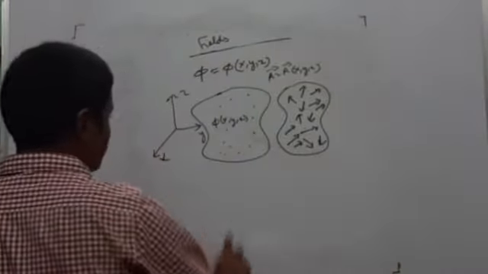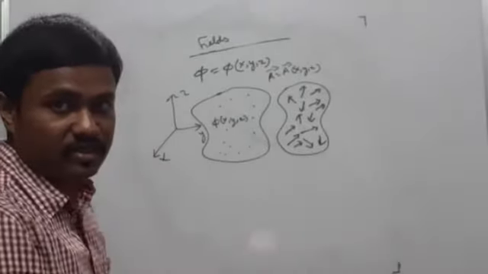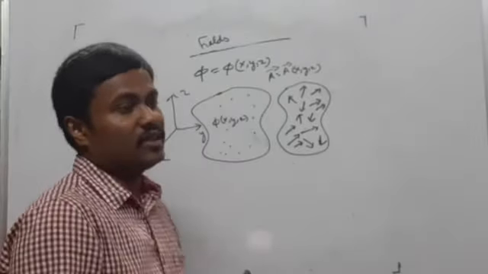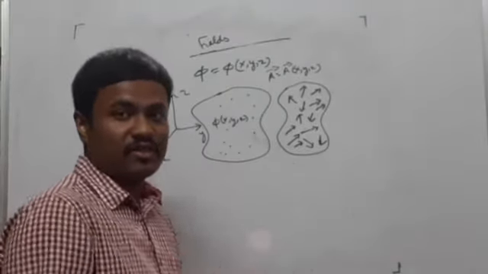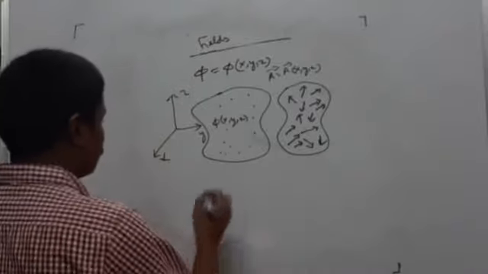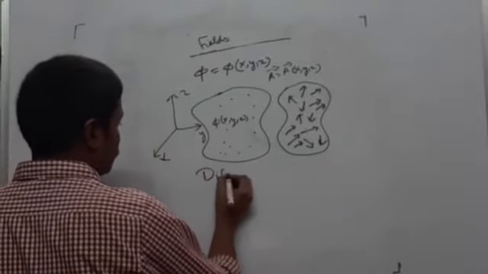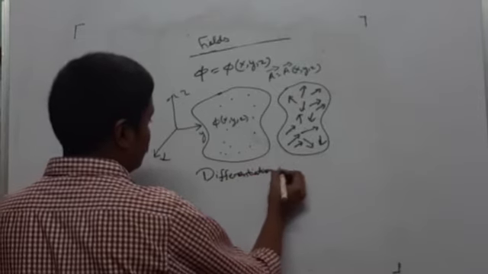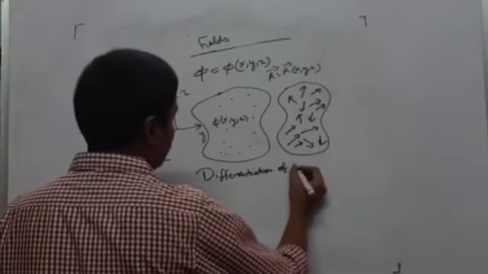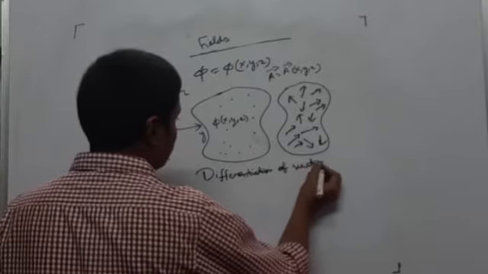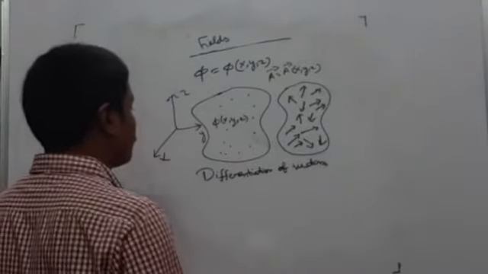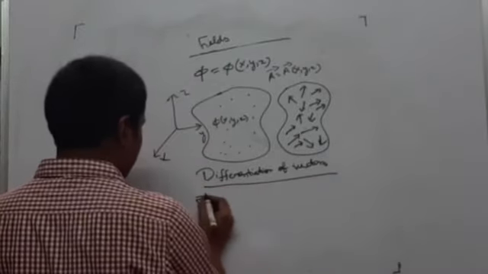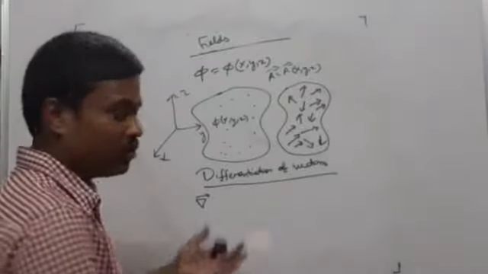So when you have a well-defined function, and the fields have continuous derivatives, we can talk about the concept of differentiation of vectors, and of course scalars, but mainly vectors, because in this case the differentiation involves an operator which you know about.